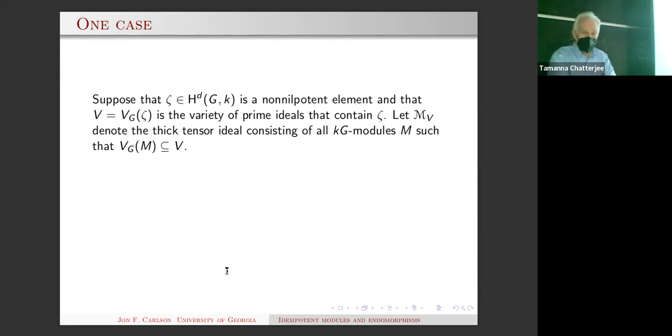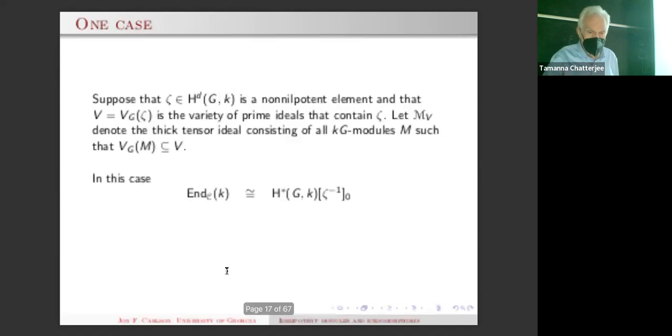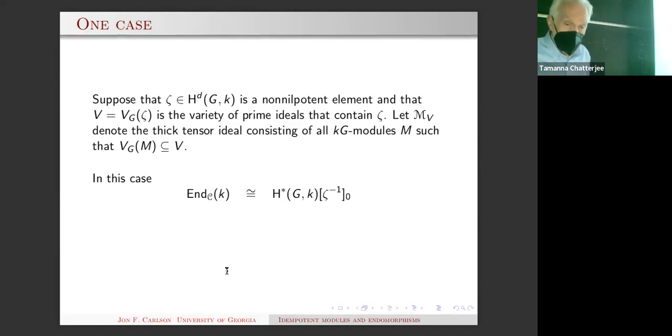Let me just point out a couple of things. So one example: if I take any non-nilpotent element zeta of degree d in the cohomology ring, and I let V be the variety of all prime ideals that contain this element, then this M of V is a thick tensor ideal, again, consisting of all KG modules with V sub G of M in V. And in this case, I can tell you what the endomorphism ring of K is in the quotient category.